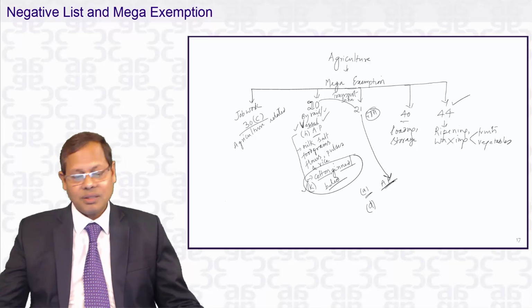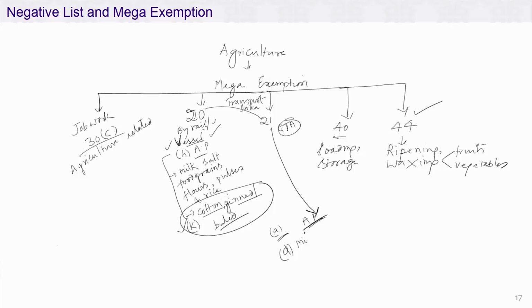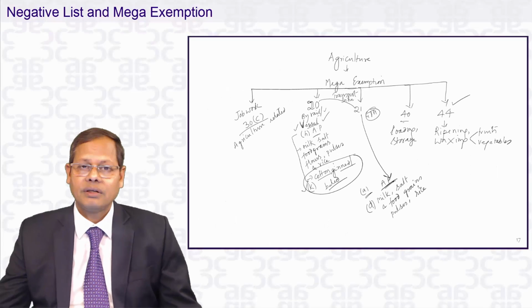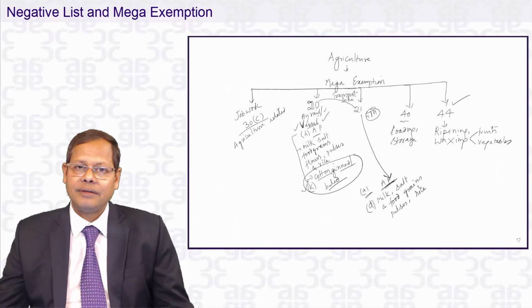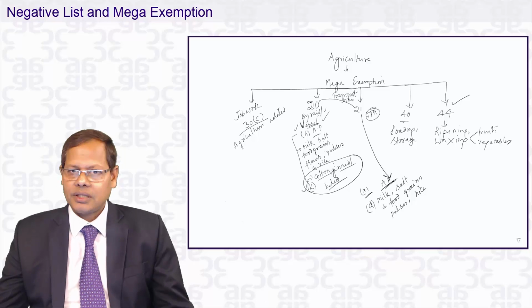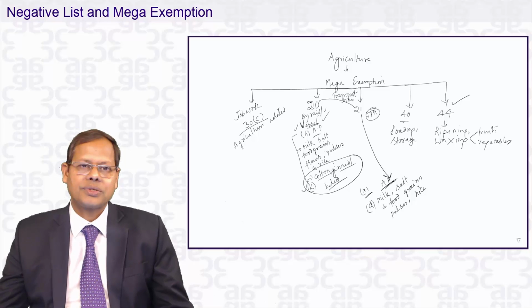What is the list? Similar, just like milk, salt, etc., already given, and food grains, and including rice, pulses. Rice specifically mentioned, rice was under controversy, but afterwards they added, because there was a representation from different parts of South India and other parts of India and even Punjab.